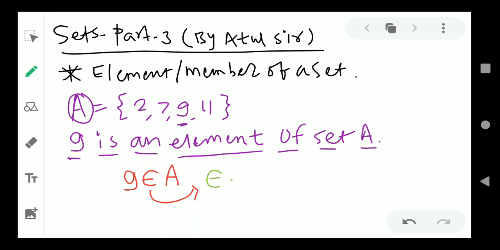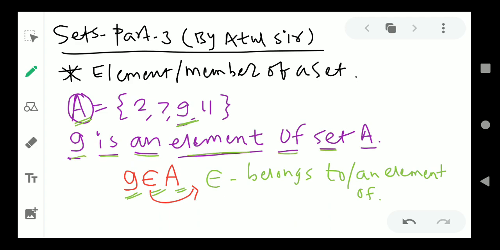This sign means belongs to, or an element of. As 9 is part of the set A, we can write 9 belongs to A, or we can read it as 9 is an element of set A.